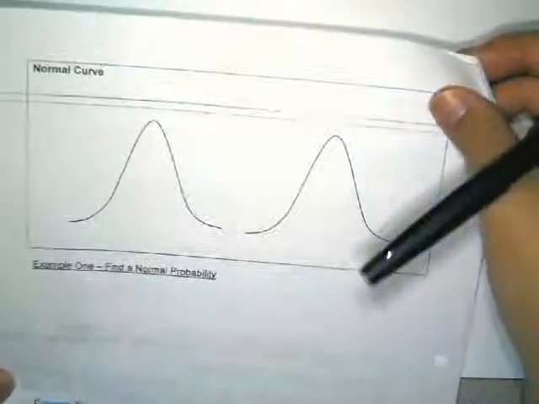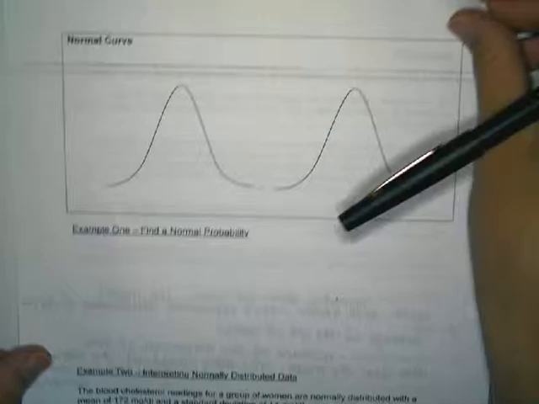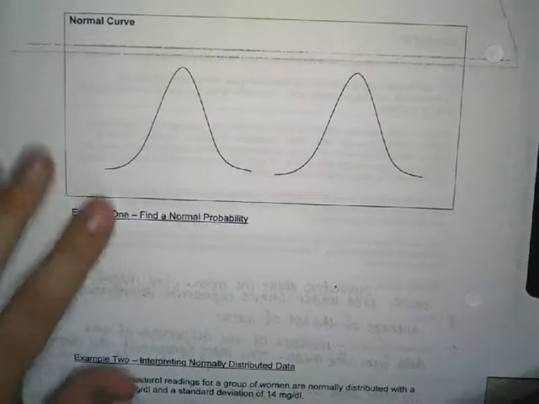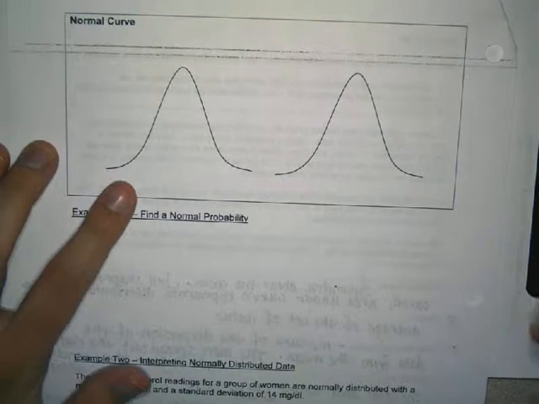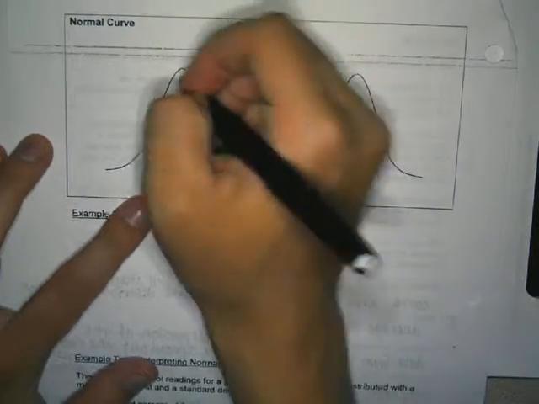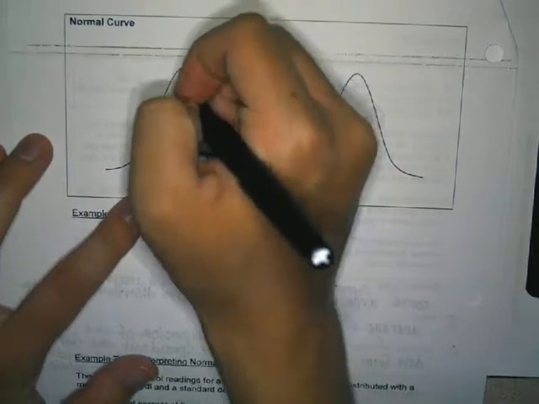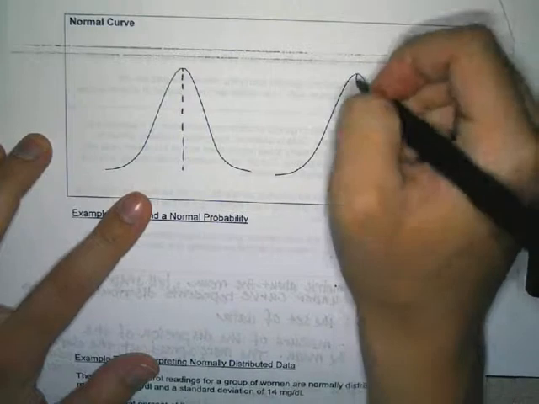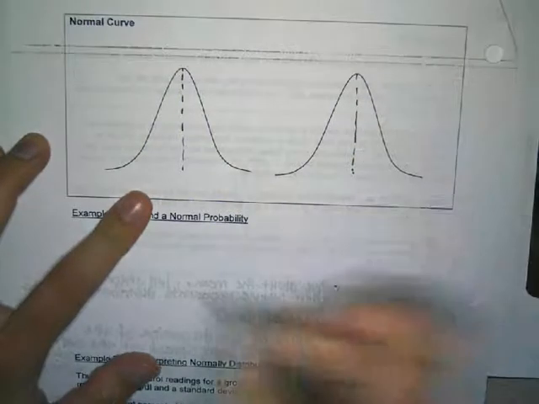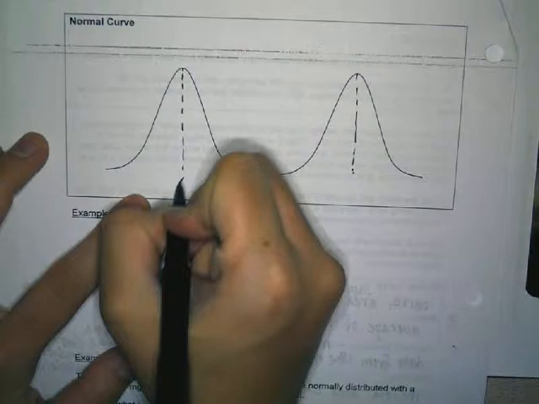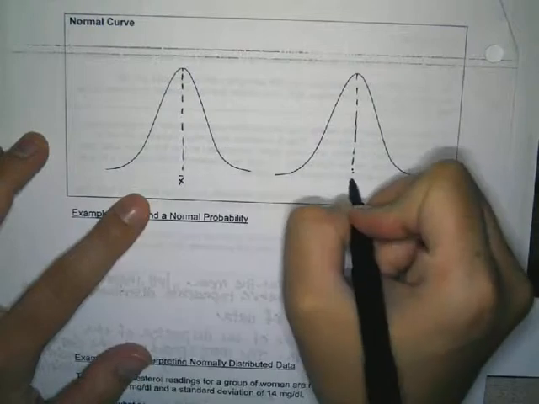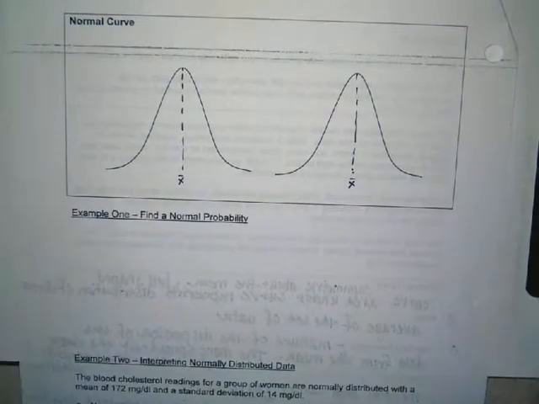Okay, here we go. Normal curve. I want you to draw, in both cases, a line straight down from the top of your bell curve and label that as your mean. And that's actually what you're going to start with every time you have a mean value or you have to draw your normal curve. You're going to start with your mean.